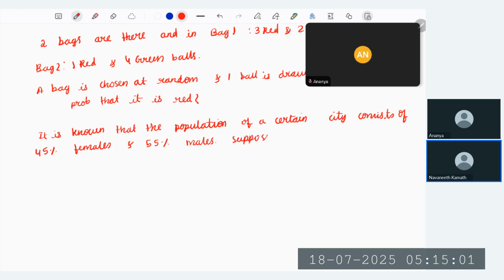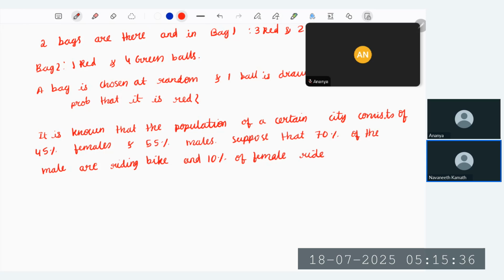Suppose that 70% of the male are riding bike and 10% of female ride bike. You can write like 70% of male and 10% of female ride the bike.